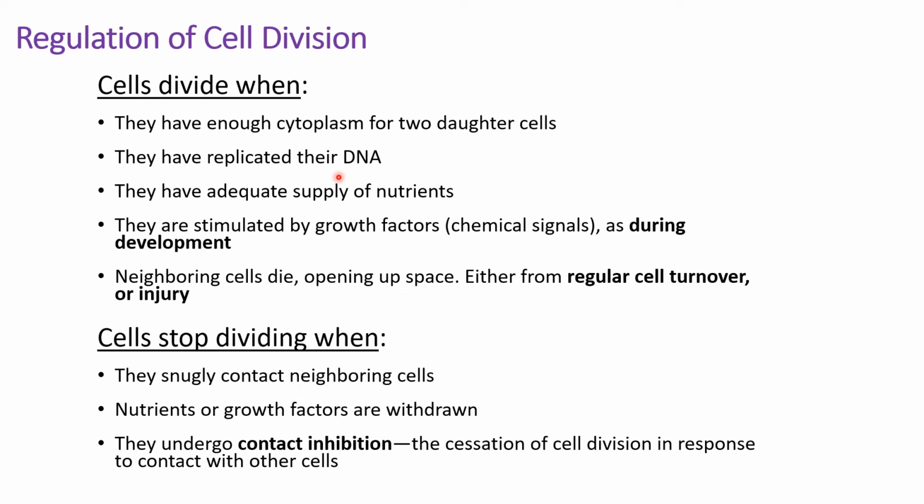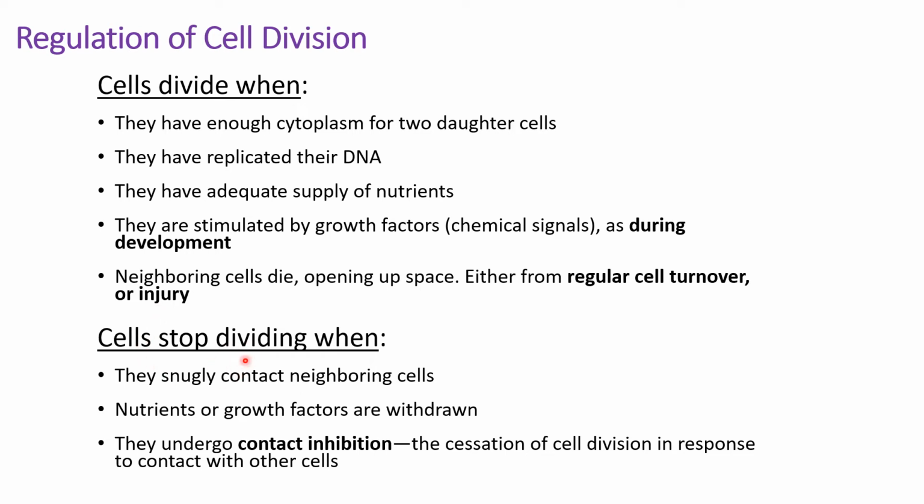We've got to make sure these cells have enough nutrients, because nutrients go into making the enzymes that we need to make all this happen. And as I already mentioned, cells also divide in response to regular cell turnover, as we're going to see in the skin, or in response to injury for those tissues that do regenerate.